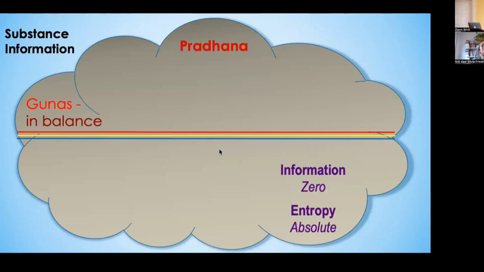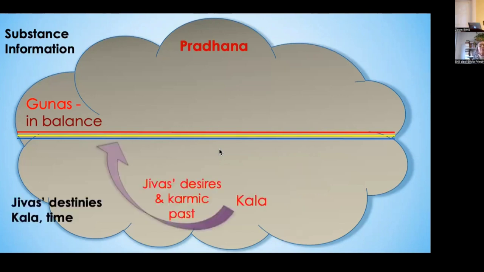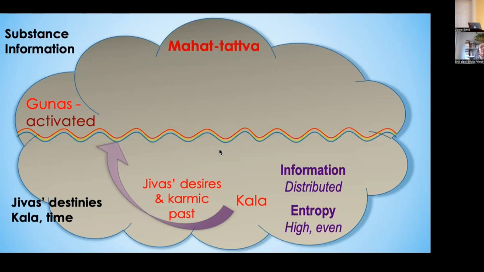That's the Gunas. So early stages, entropy is practically absolute, information is zero. But it needs the injection of information. That seems to be something which you can almost say all this happens simultaneously. Kala allows the jiva's desires and karma and destiny stored within Mahavishnu to become activated and to activate the Gunas.